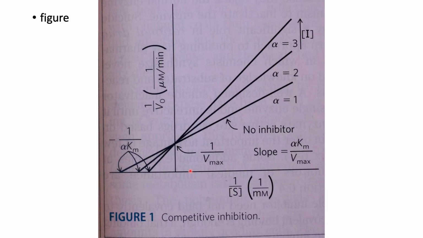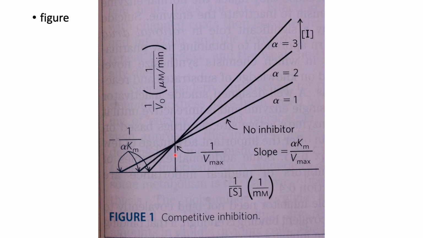So when you look at competitive inhibition, the Vmax is the same in all cases. As the inhibitor concentration increases, you get a change in the Michaelis constant over here. This is a case where you are overriding. This is, again, a substrate structural analog, and you get overriding of this inhibition if you increase the amount of substrate.